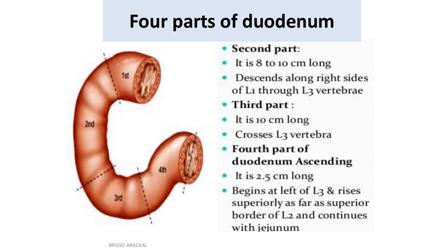The second part descends along the right side of L1 through L3 vertebrae. Third part crosses L3 vertebra. The fourth part of the duodenum or ascending part begins at the left of L3 and rises superiorly as far as superior border of L2 and continues with jejunum.